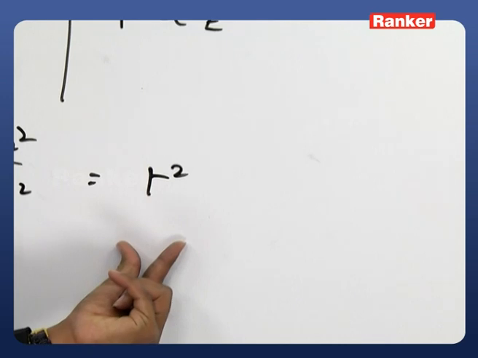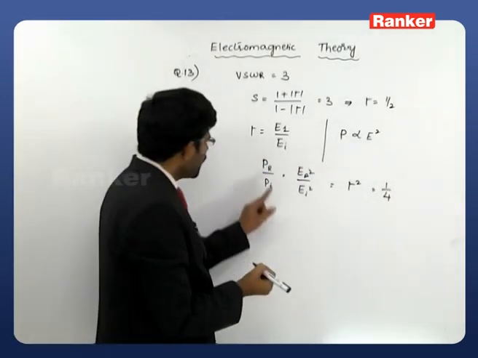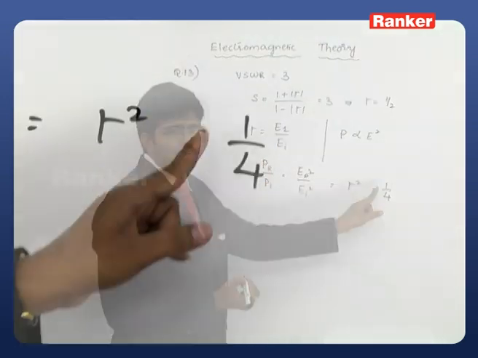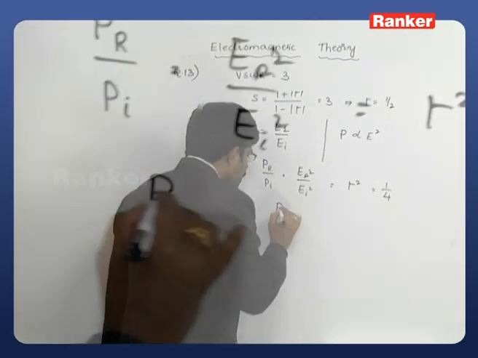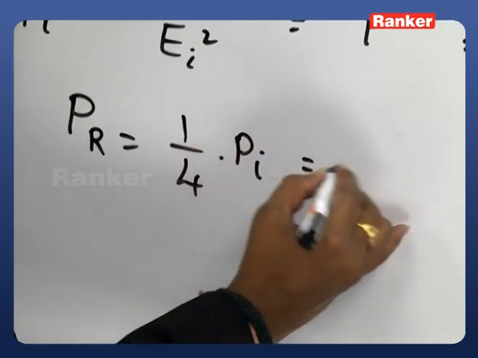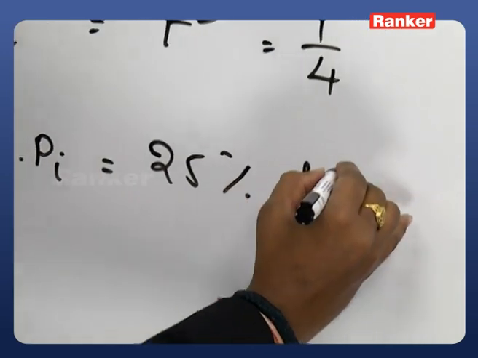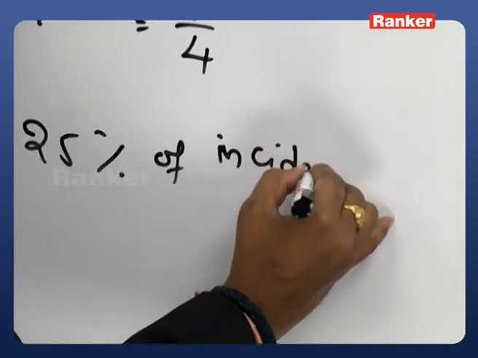Now what is gamma here? 1 by 2. 1 by 2 square is nothing but 1 by 4. So clearly PR by PI is equal to 1 by 4. That corresponds to power reflected is equal to 1 by 4 times PI, that is 25% of incident power.